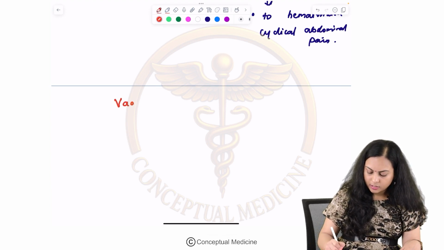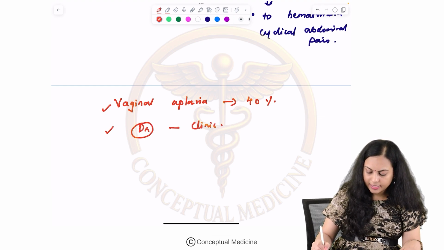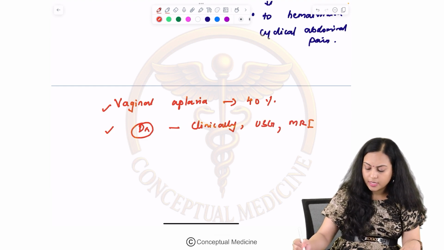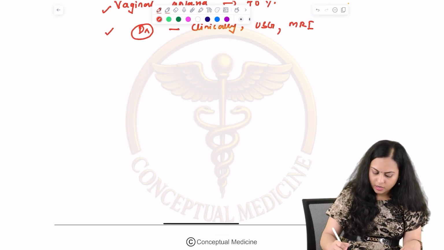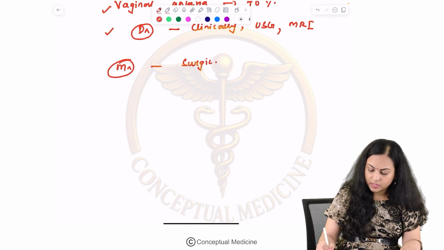And with this, vaginal aplasia is associated in 40% of the cases. Diagnosis can be made clinically or by an ultrasonogram or an MRI as well. Management is surgical canalization.